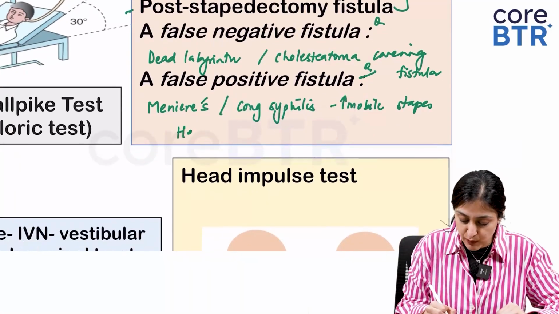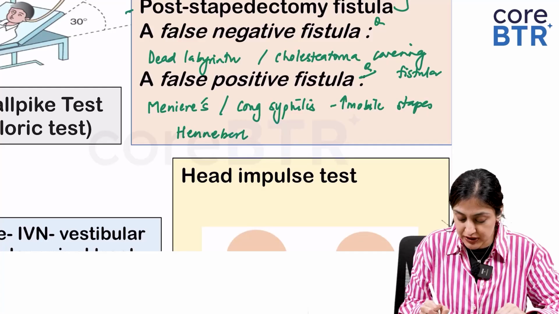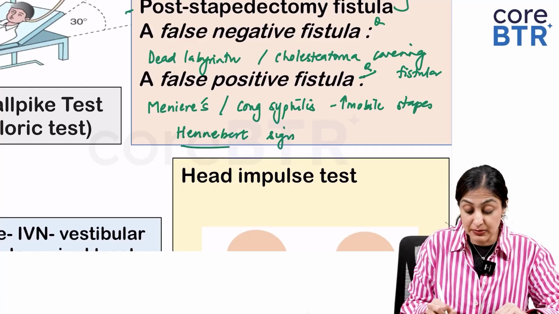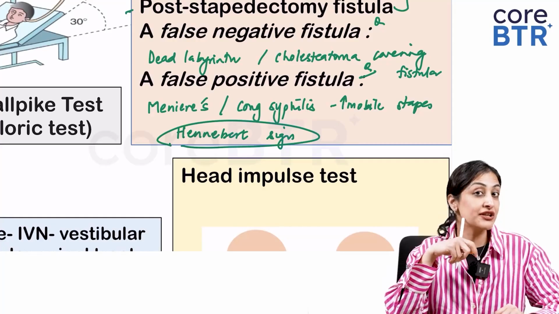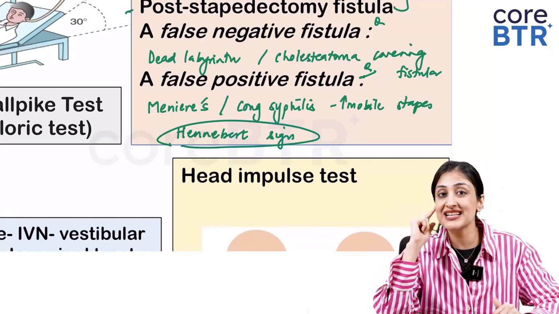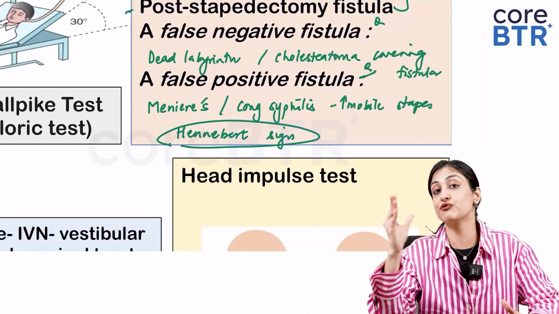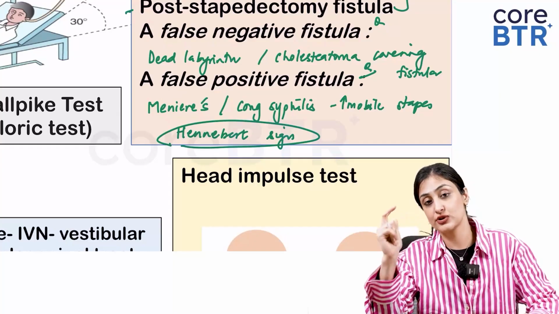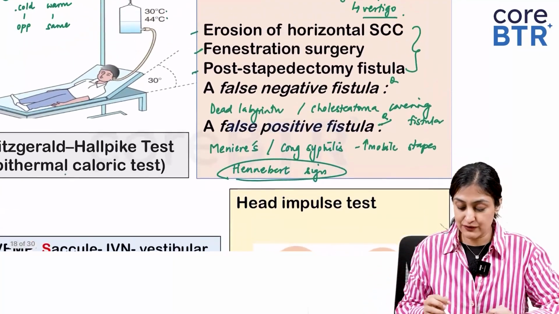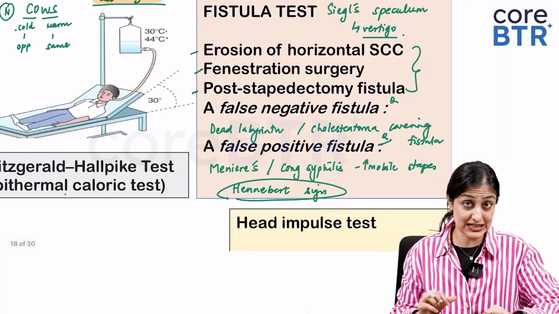So this false positive is called the Hennebert sign. What was the Hitselberger sign? That was the seventh nerve. Remember the first page where we studied the seventh nerve, vestibular schwannoma can affect it and result in sensation loss of the posterior wall and floor of the canal, right? So this is what I have to remember here for the fistula test.